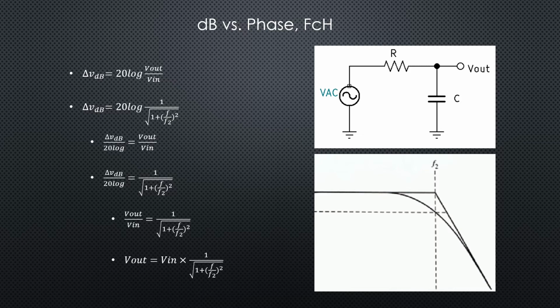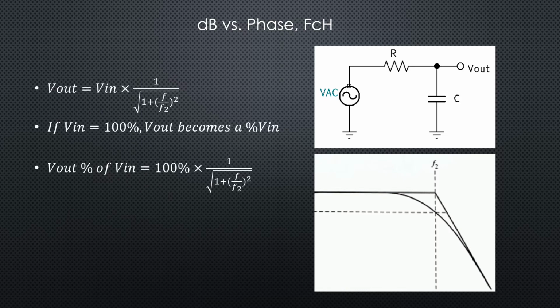Okay, so now that we've got V out over Vin equal to 1 divided by the square root of the quantity 1 plus F divided by F2 squared, I can now solve for V out. So now I've got V out in terms of these two equations. V out is equal to Vin times that quantity 1 divided by the square root of 1 plus F divided by F2 squared.